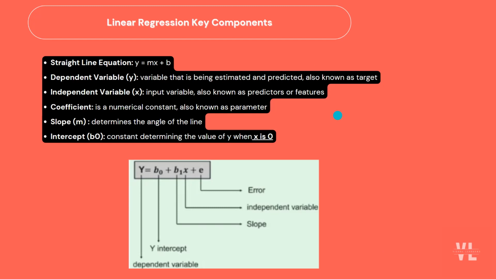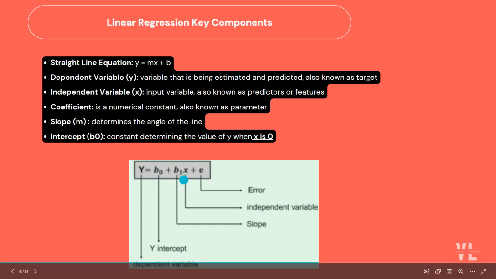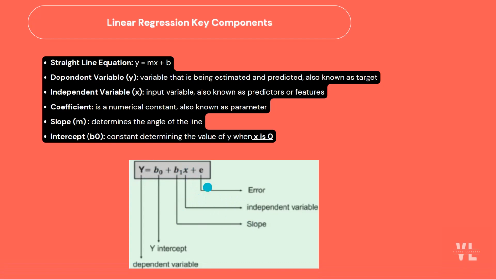Next, let's see the key components for a linear regression model. If you have a simple linear regression formula, which is given by mx plus b, or it could be given by this representation where we have a y-intercept b naught and a slope of b1, x is the independent variable, and epsilon is the error.